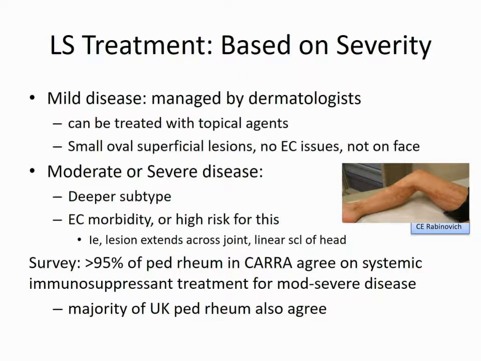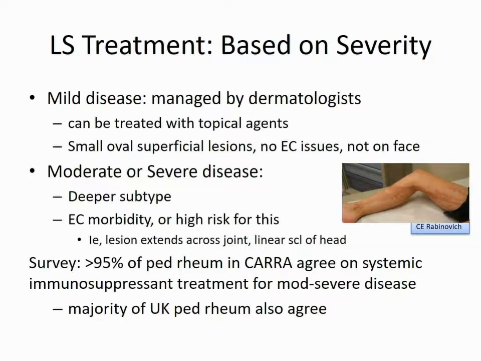As Dr. Moore said, there's a range of subtypes. Mild disease, which is typically just oval plaque lesions, maybe just one or a couple, we typically are not seeing in rheumatology because that's managed by the dermatologist. A lot of those patients may never see a doctor because it's just, oh, I have this spot. This could be treated with topical agents, or maybe you don't do anything.